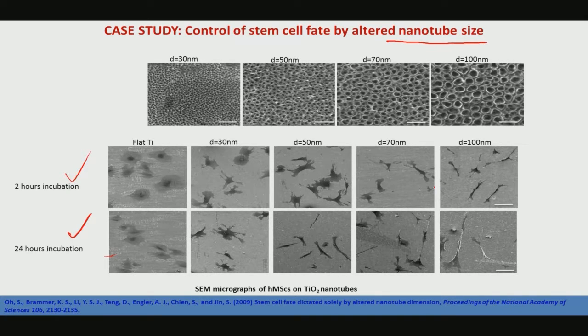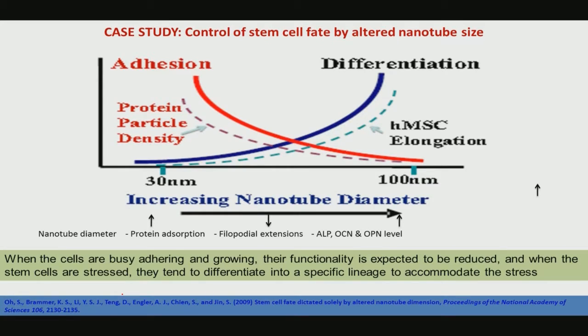This work is from the group of Jean. Engler is also one of the authors. It was published in Proceedings of the National Academy of Sciences in 2009, also quite a few years ago. So, what was the final conclusion, or what are the results or their understanding, which is explained in the form of a schematic plot.